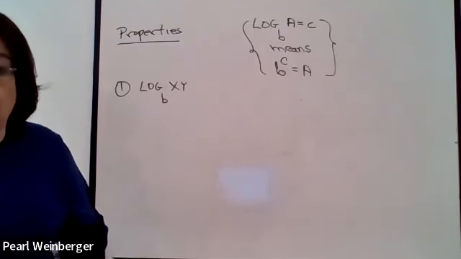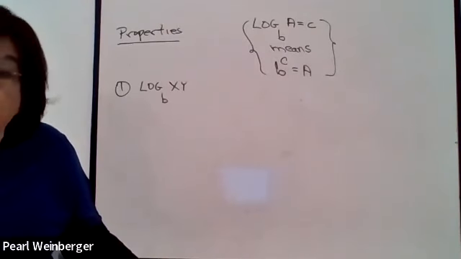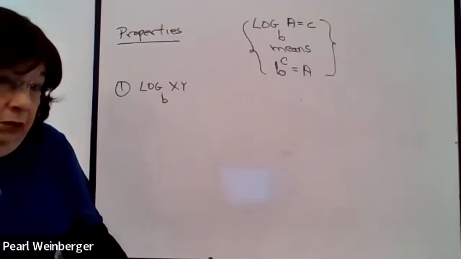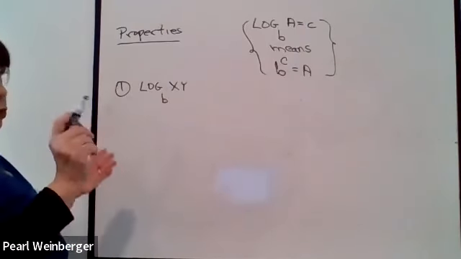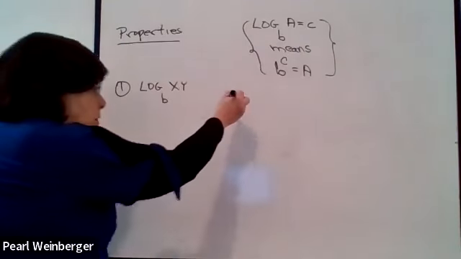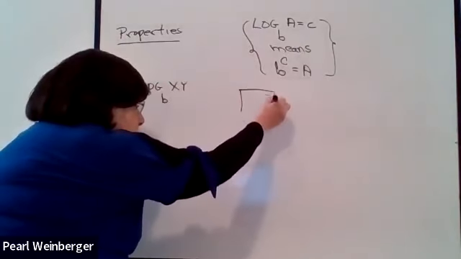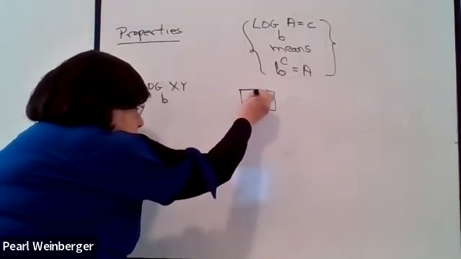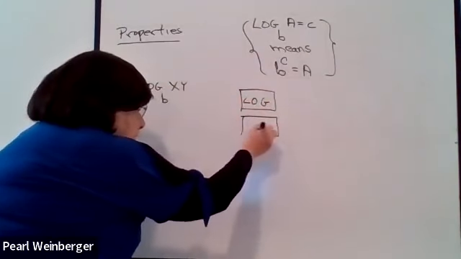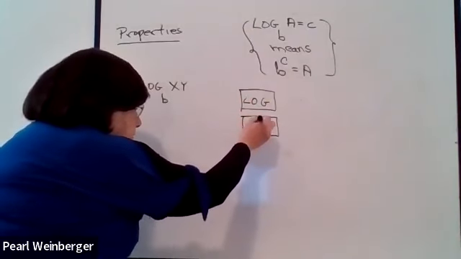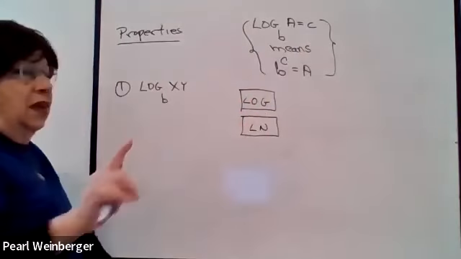Now, I'm just going to mention, on your calculator, if you have a scientific calculator, there are actually 2 buttons that have to do with logs. One button says LOG, and the button probably right next to it or under it says LN. Now, it doesn't say IN.